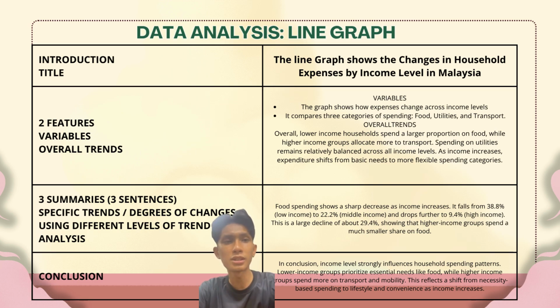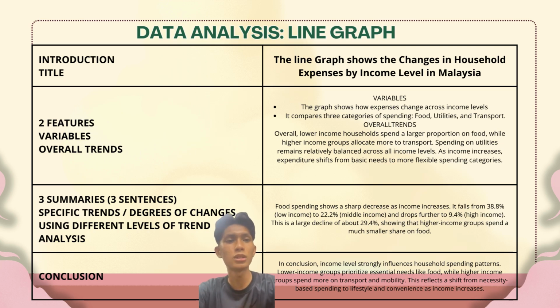In contrast, transport rises from 4.2% to 30.7% and 37.8%. Overall, lower income spend more on food, while higher income spend more on transport. This graph compares how people at different income levels spend on three categories: food, utilities, and transport.